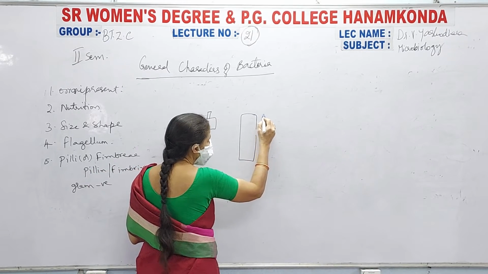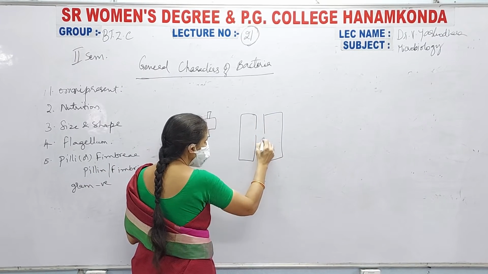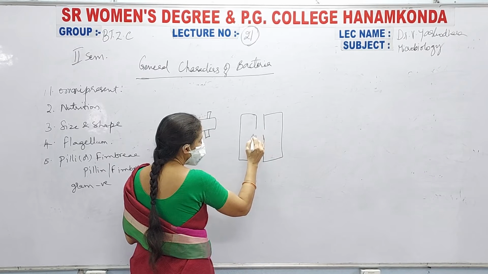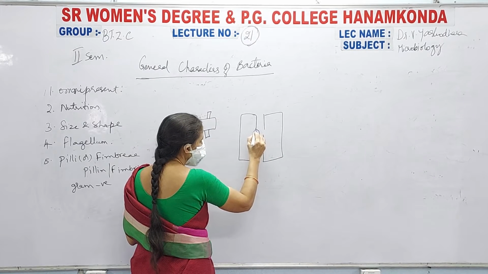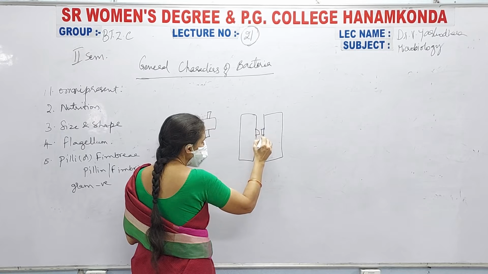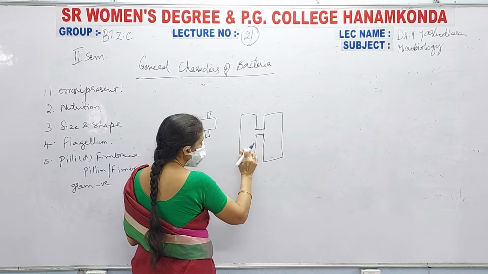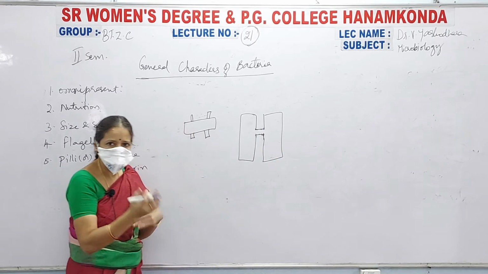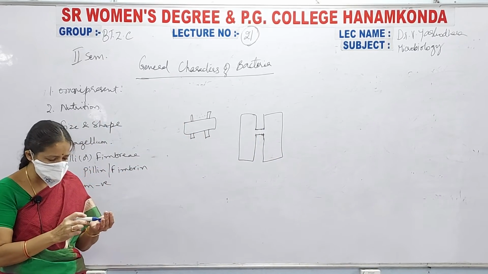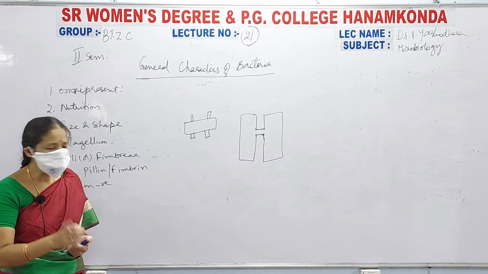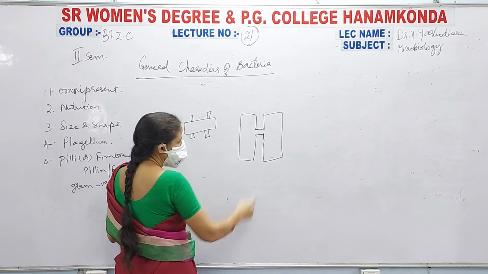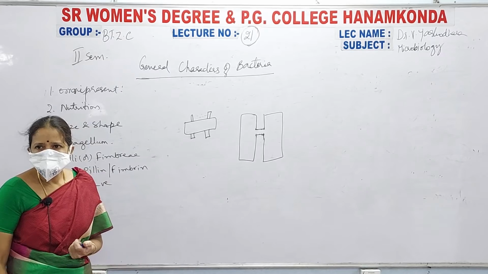Suppose this is one bacterial cell and this is another bacterial cell, and both have pili. The pili touch each other and produce a conjugation tube, and the wall gets dissolved, and genetic material gets exchanged between these two bacterial cells.